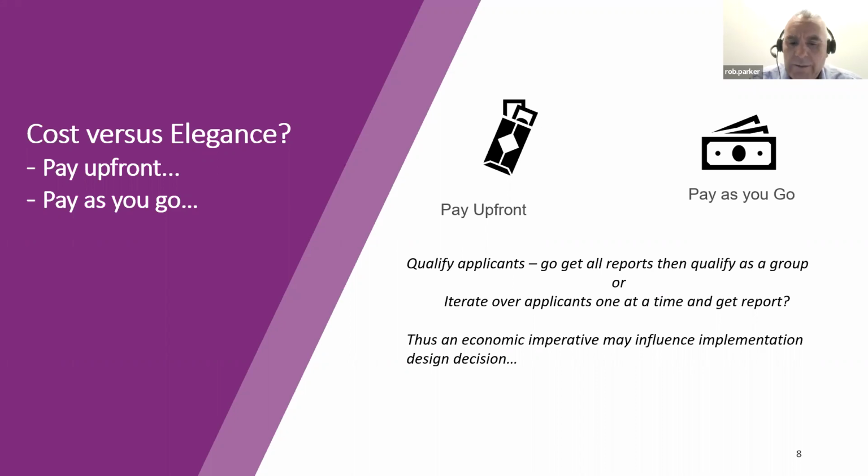What I mean by that is the client side can iterate and go and fetch the report and then call the decision one at a time to approve or qualify the applicants based on their credit report. The trade-off here is that by calling them one at a time, you might actually have an economic saving because you might fail the deal sooner without incurring the cost of retrieving the credit report for all of the applicants.